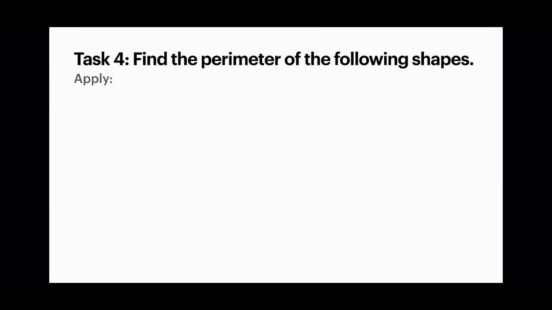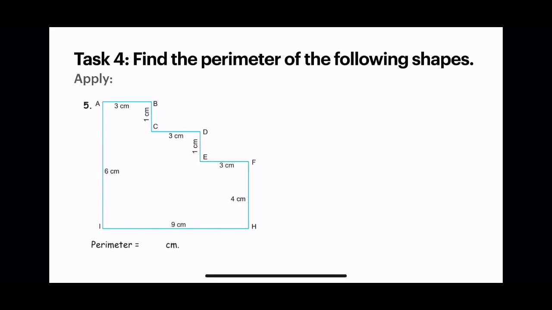Task 4. Find the perimeter of the following shape. In this, let us see the fifth sum. So the perimeter of this irregular polygon is just the sum of all its sides.